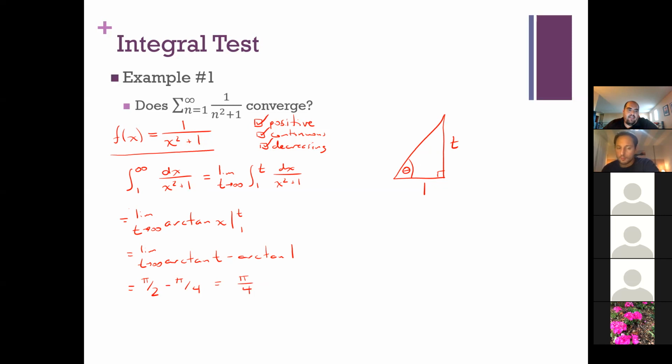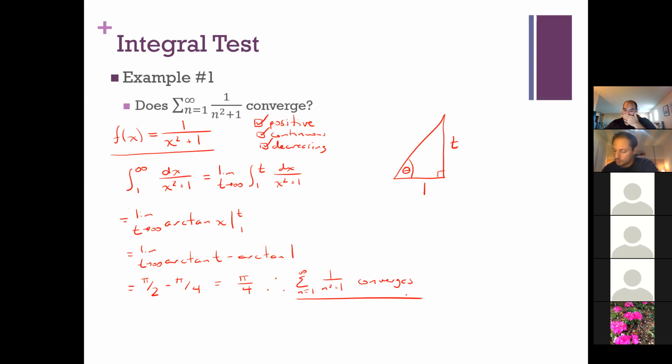So my integral from 1 to infinity is finite. So what does that mean about my series? It converges. And one thing I want to point out is, I know it converges.